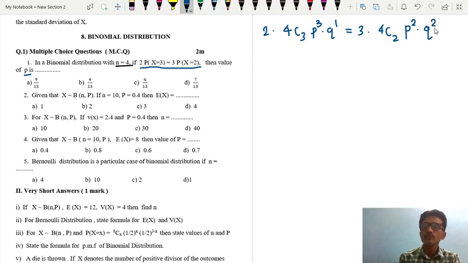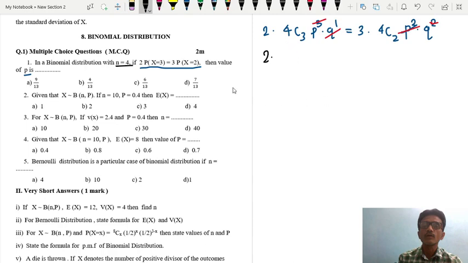So 4 minus 2. Now here what can we cancel? Here p square we can cancel, and this q we can cancel here. Then what will we get? 2 times of 4c3.